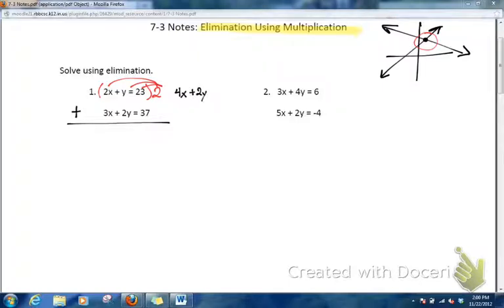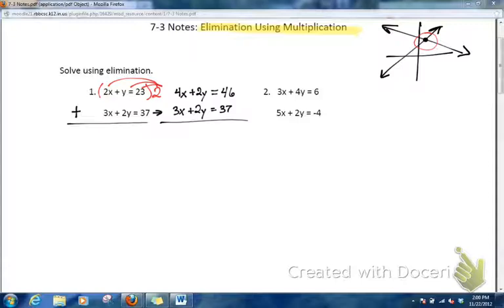And then 2 times 23 gives me 46. The bottom equation then we're just going to leave as is. I'm just going to rewrite it here. 3x plus 2y equals 37.